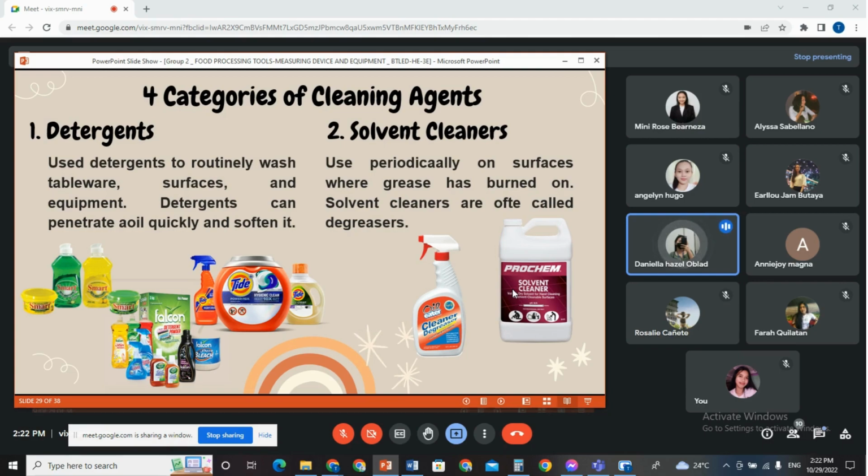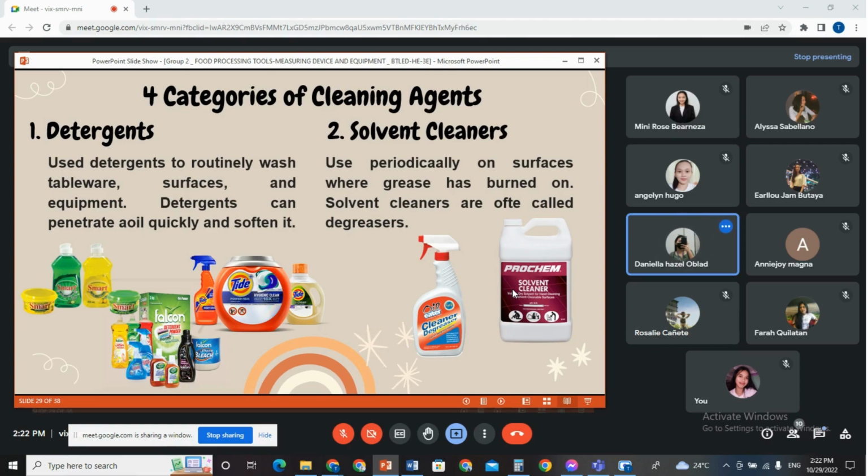Detergent is a chemical substance, usually in the form of a powder or liquid, which is used for washing things such as clothes or dishes. Examples of detergent are dishwashing liquid, laundry detergent, or Tide, Ariel, or Gain Smart.